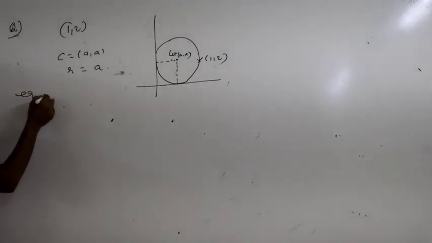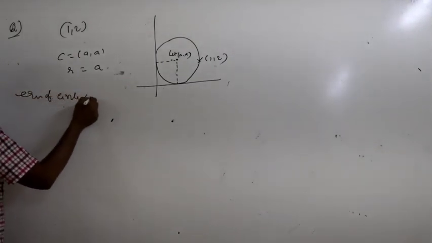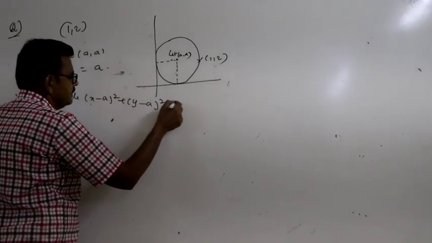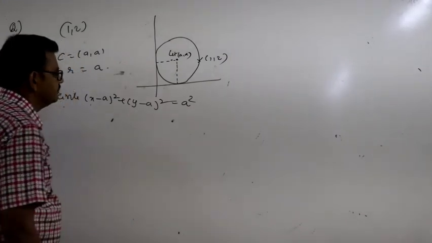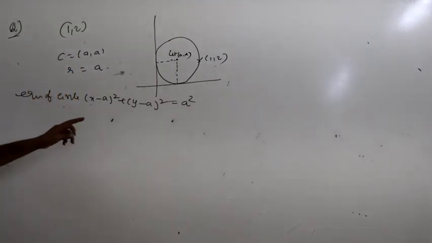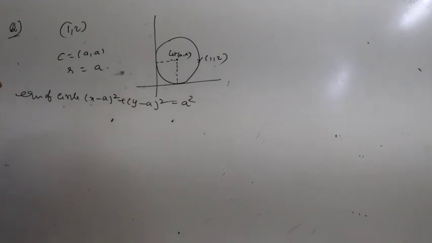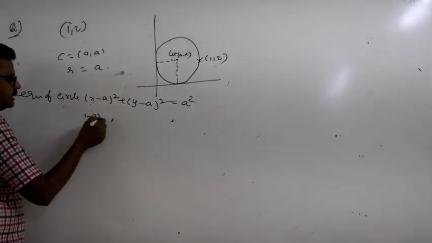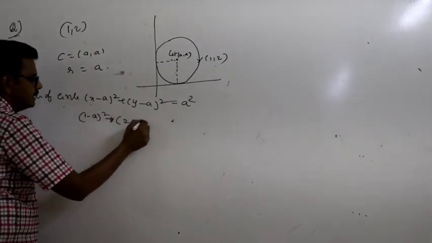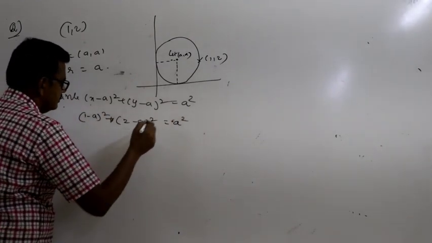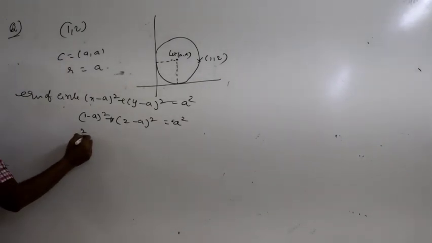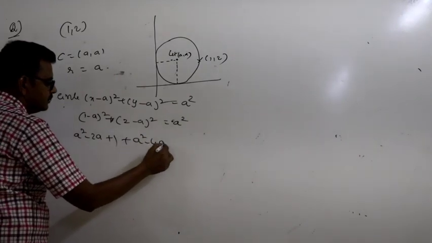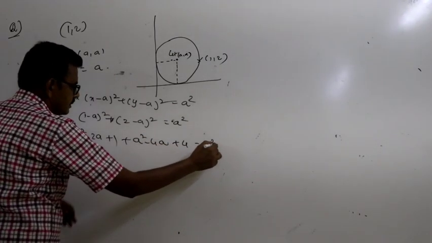So the equation of the circle is x minus a whole square plus y minus a whole square is equal to a square. The circle passes through 1, 2. So 1 minus a whole square plus 2 minus a whole square is equal to a square. So a square minus 2a plus 1 plus a square minus 4a plus 4 is equal to a square.